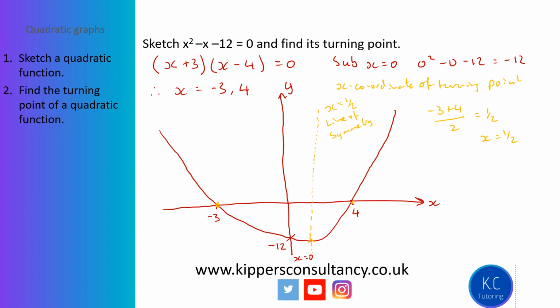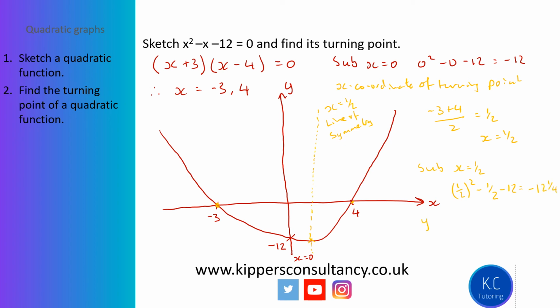Now, if we want to find the y coordinate of our turning point, what we do is we sub x equals a half into the original equation. So that becomes a half all squared minus a half minus 12, which is equal to minus 12 and a quarter.